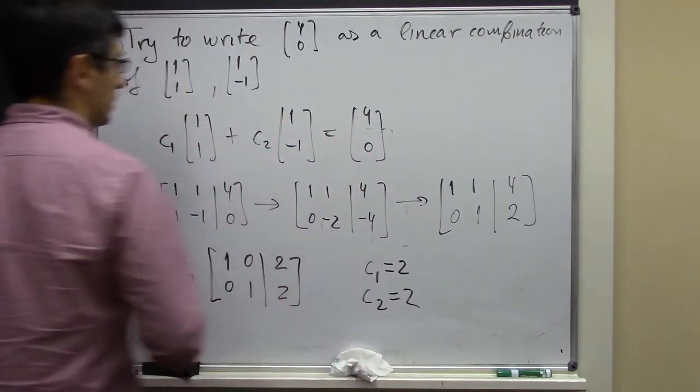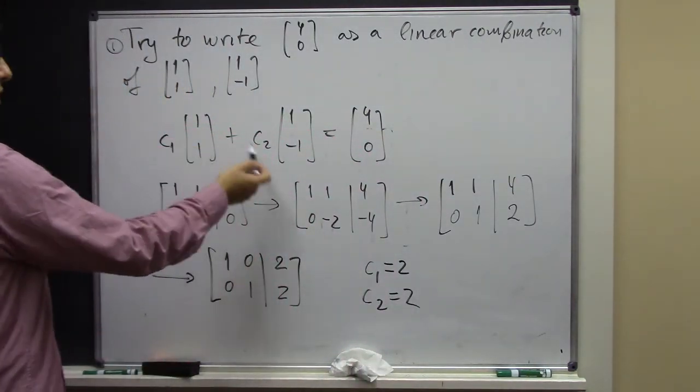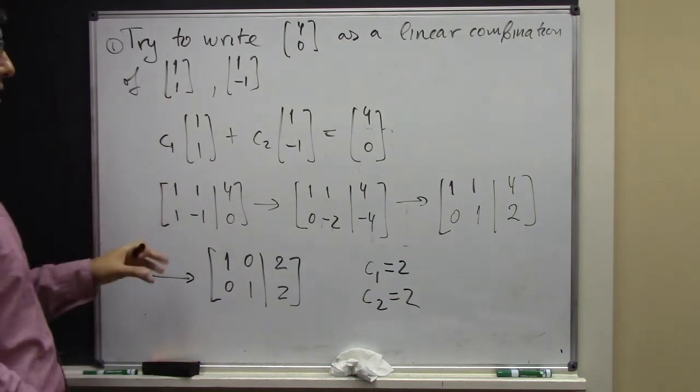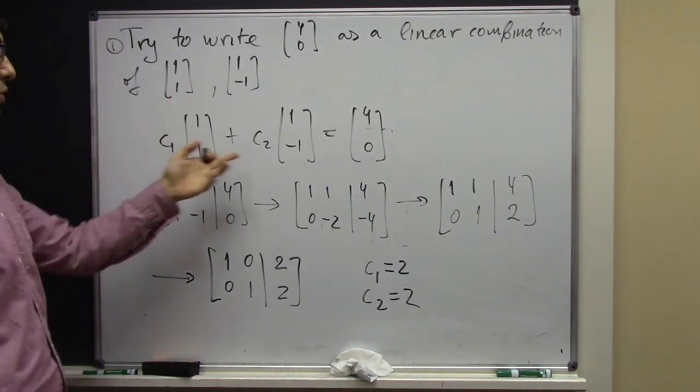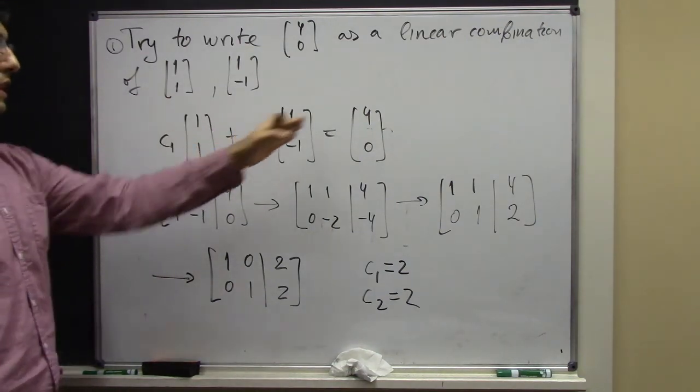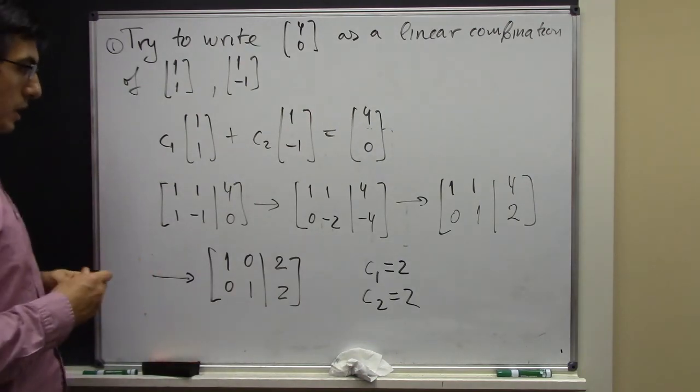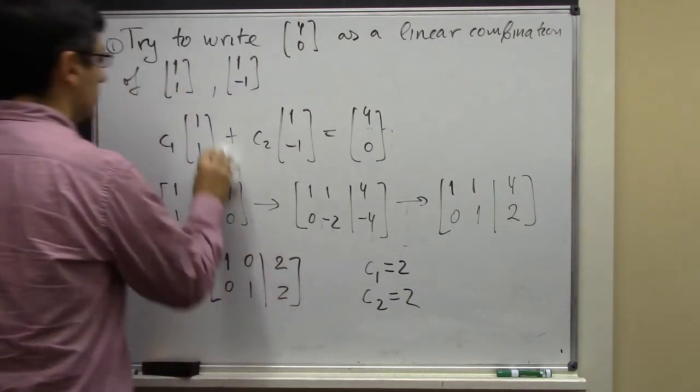All this wasn't too hard. You could have noticed this just by looking at these vectors: if you multiply this by 2 and add 2 times this vector, you will get (4, 0). Alright, so that's step 1.